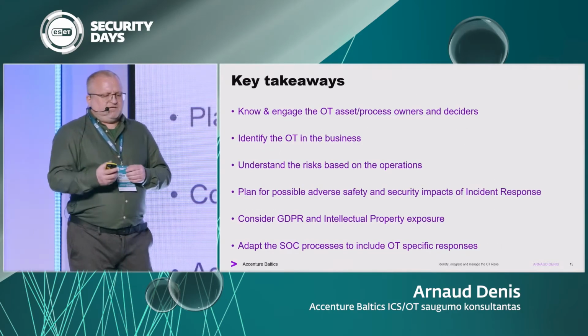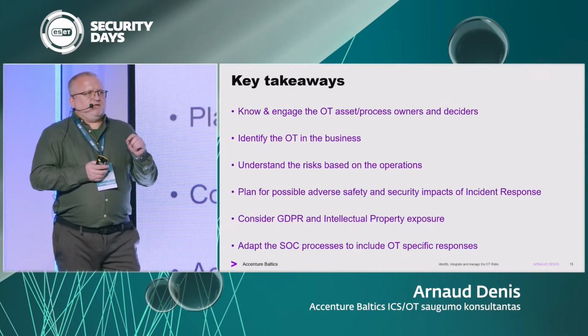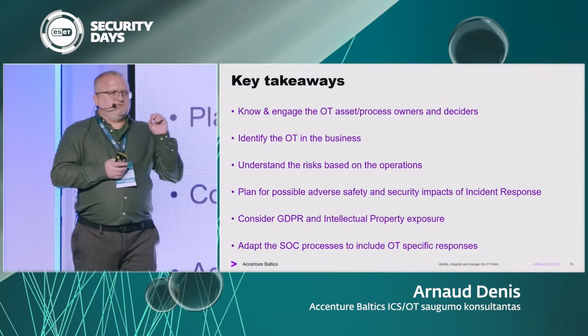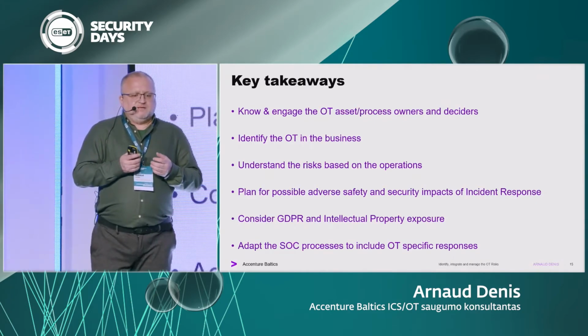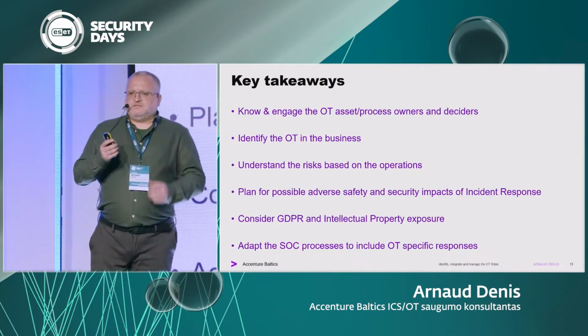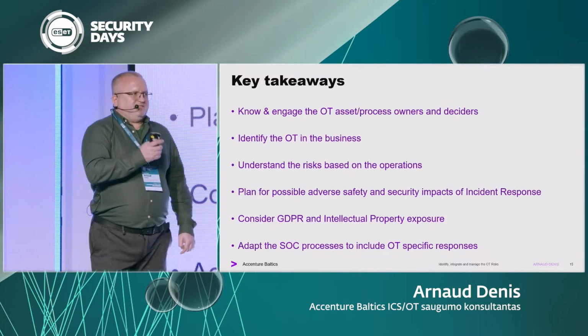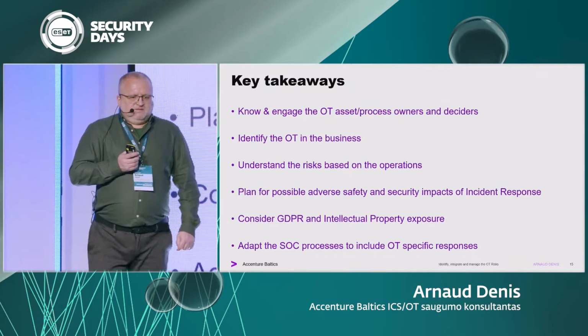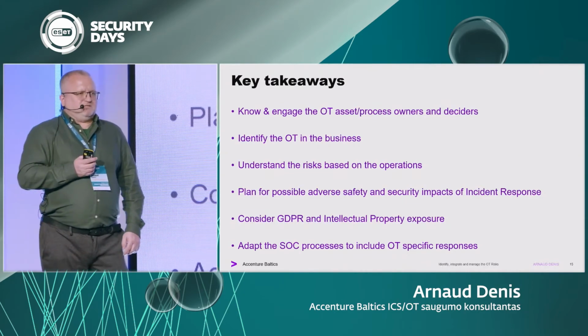All right, so what are the key takeaways? Key takeaways is you really need to understand where do you have OT in your system and who's the person responsible for that. These people are going to be really important because they're the only people who can help you identify systems. The next thing is they're going to help you identify what you can do with the systems.